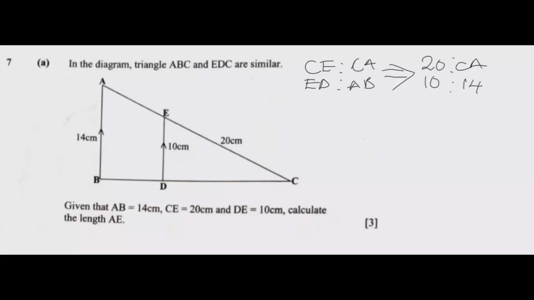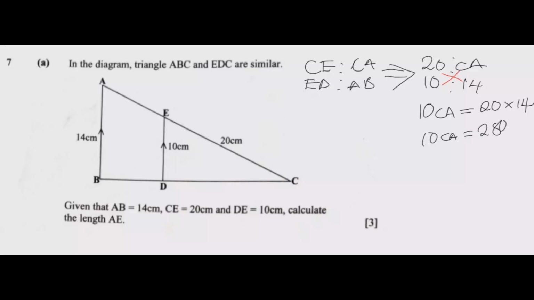Now we do cross multiply. That means we're going to have 10 CA is equal to 20 times 14, which gives us 280.